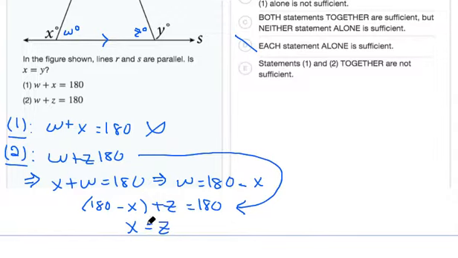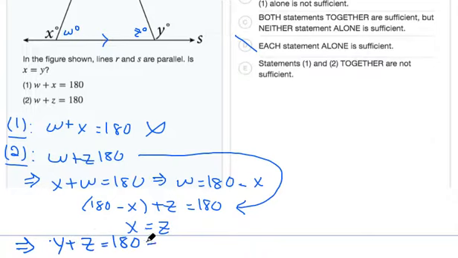So that's a relationship that's really nice for us. But we are asked, is X equal to Y? So we need to relate Y somehow to Z. Taking a look at our image, relating Y to Z, we know that Y plus Z is equal to 180 because our interior angles are supplementary here to the exterior. So Y plus Z is equal to 180.